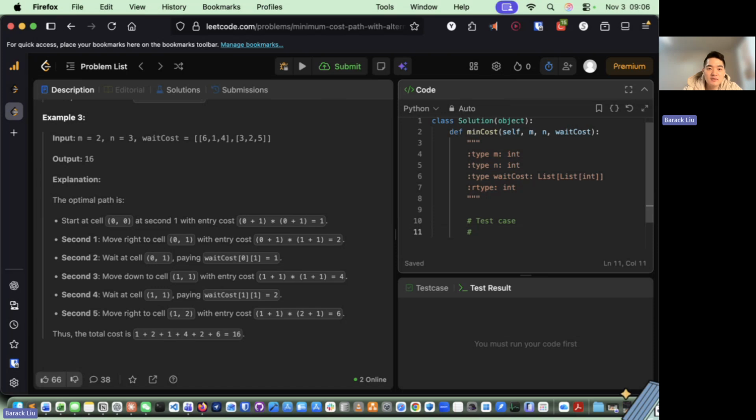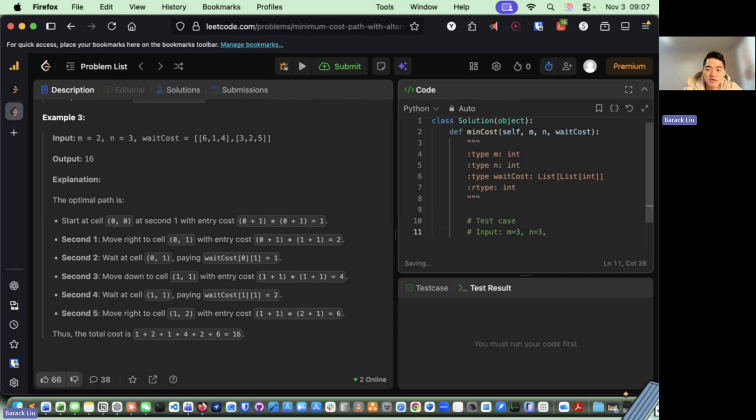Let's say the input is m equal to 3, n equal to 3.